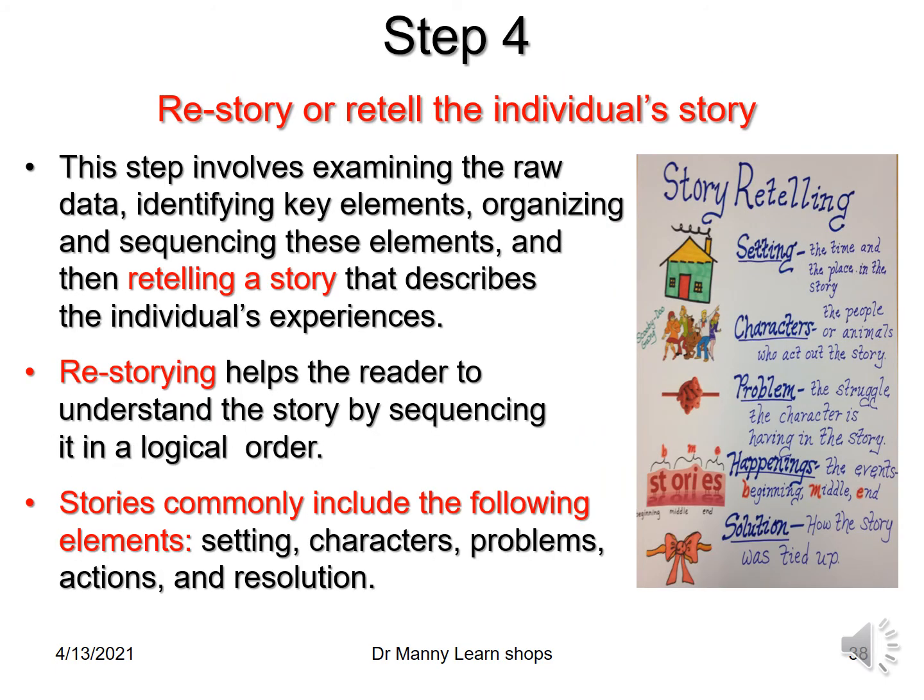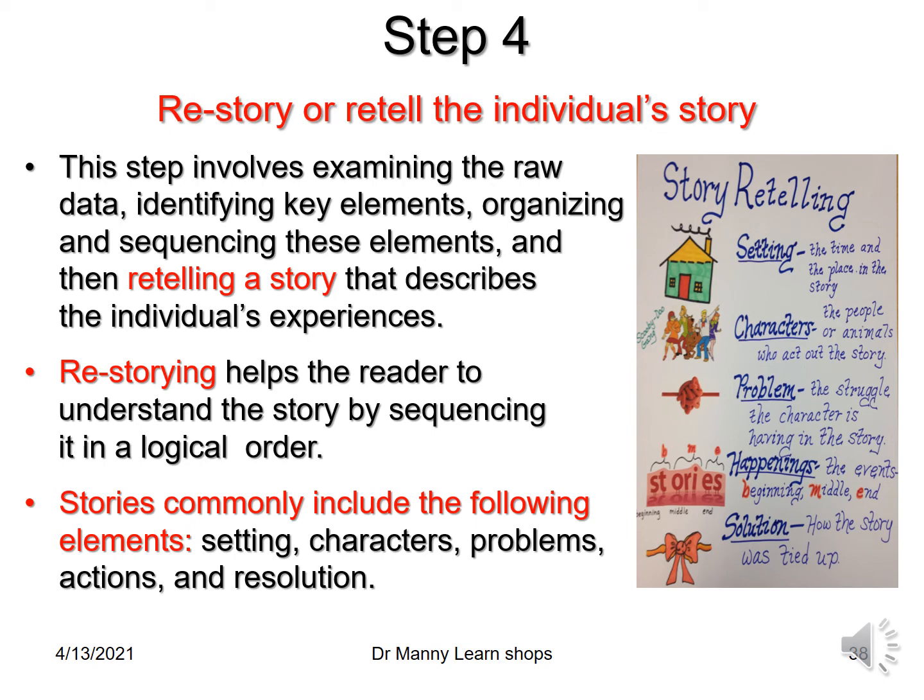Step 4. This is where you re-story or retell the individual story. And in this step it involves examining raw data, identifying key elements, organising, sequencing these items or elements, and then retelling a story that describes the individual's experiences.